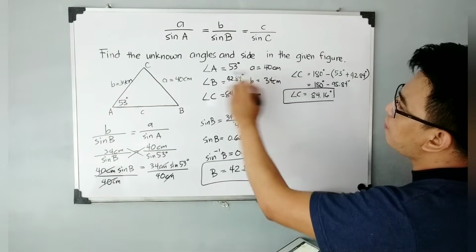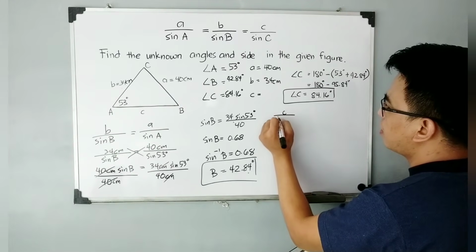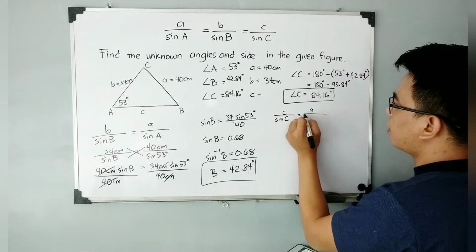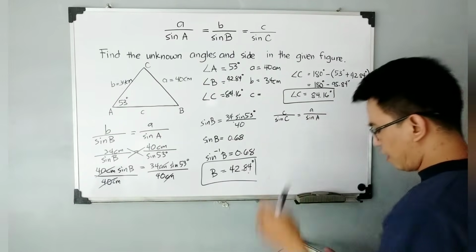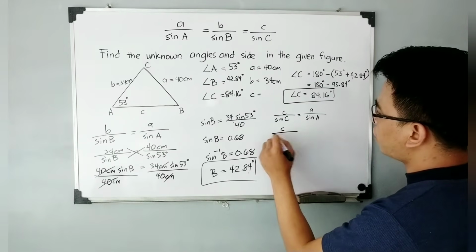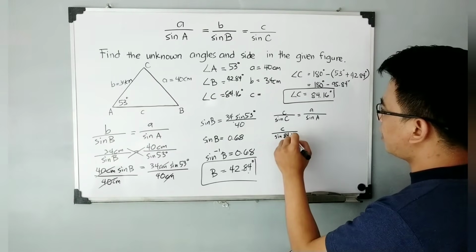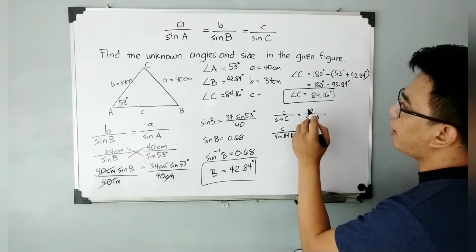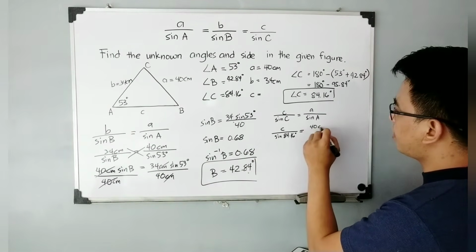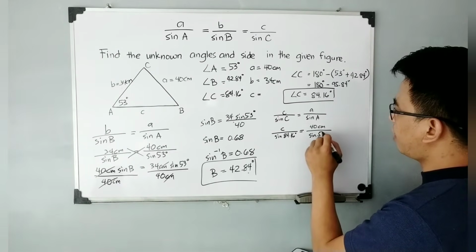Ngayon, ang last na natin hanapin ay yung side C. So, ang nagamitin ko dito ay yung ratio ng C. You have C over sine C is equal to your A over sine A. Okay? Yung C natin ay nawawala. You have C over sine C, which is 84.16 degrees, is equal to your A, which is 40 centimeters over sine 53 degrees.